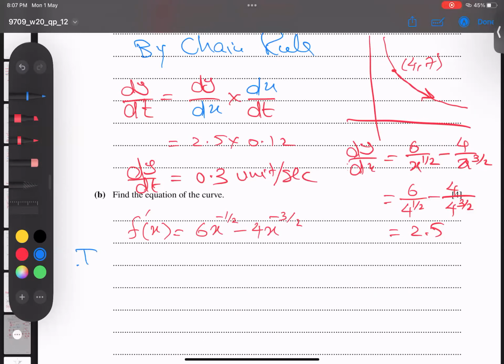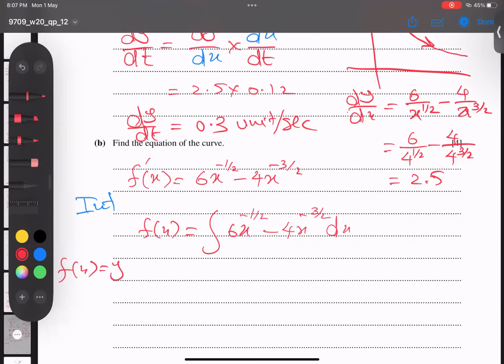Now I'm integrating, and students, you know it very well. When I integrate the left side, I will get directly f of x. If you're confused by f of x, you can write y directly, so no issue at all. Okay, I'm getting f of x. I'm writing y for the sake of your understanding. Increase the power by 1, so I got a half by half.